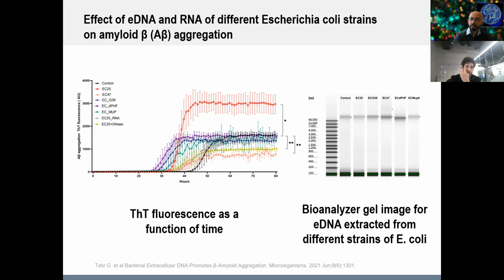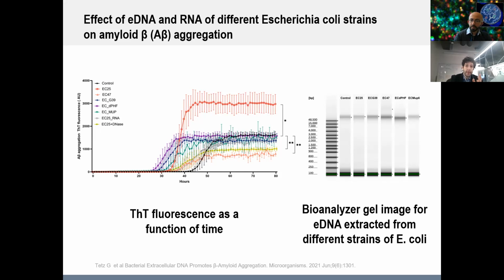Once again, many papers describe the presence of bacteria or their components in cerebrospinal fluid or postmortem brains, not only of individuals with Alzheimer's disease, but also in samples of controls, even with Porphyromonas gingivalis, yes?